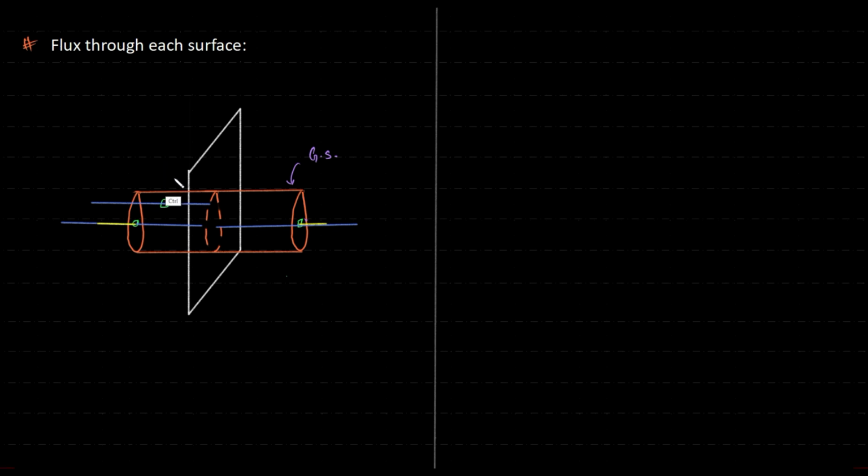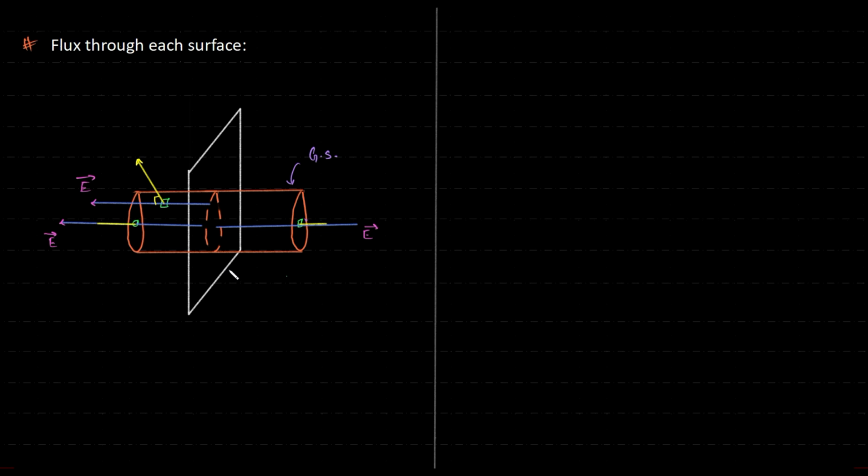Again, this is also outward. Actually, that won't be the angle. Something like this. But this will be 90 degree. So this is your E at that point, E at that point, right?